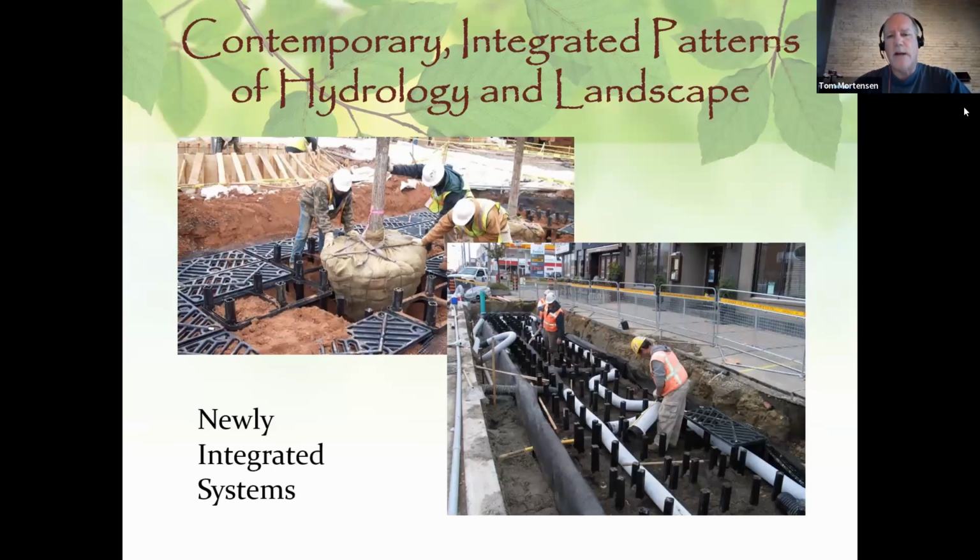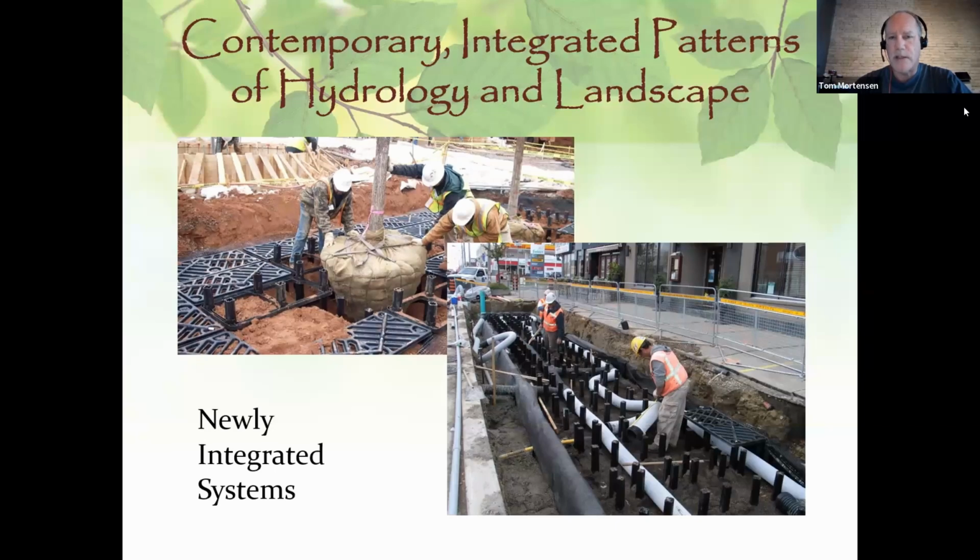There's some newly integrated systems that are also very popular. The city of St. Paul, Minnesota has adopted using these systems in all of their urban trees and streetscapes. It's really a way to support pavement, so a plaza or a public walkway, but you support it on these grids that you can see in the upper left there, and then you fill that with organic soil amendments.